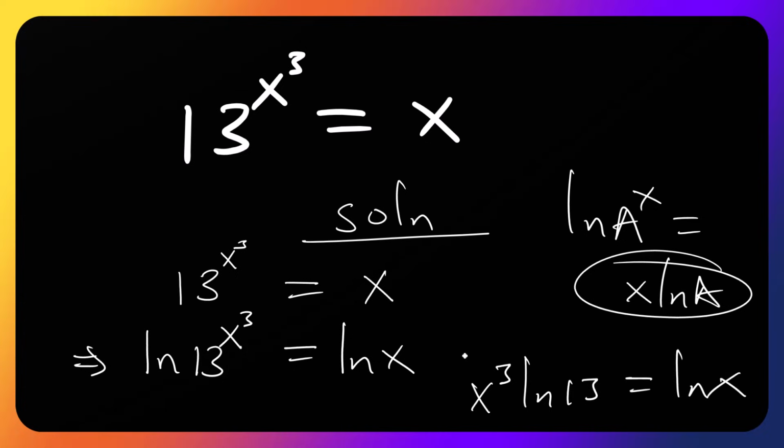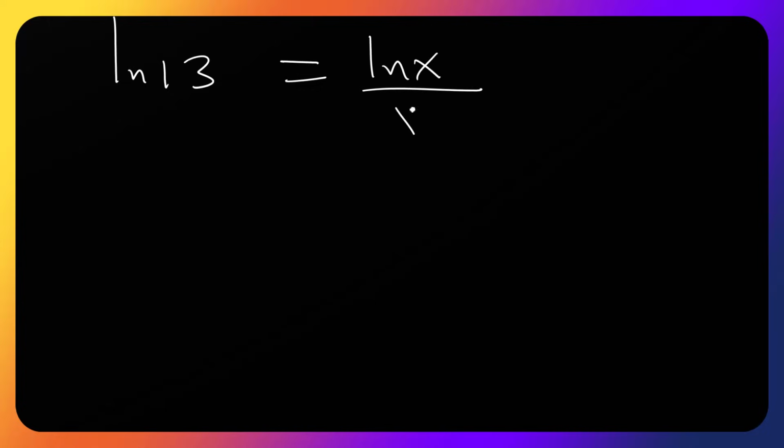Now we can group the x on one side as we divide both sides by x cubed. Once I do that, this side will cancel, so I'm left with ln of 13 equals ln of x over x cubed.